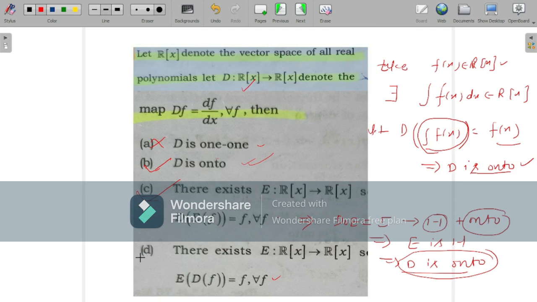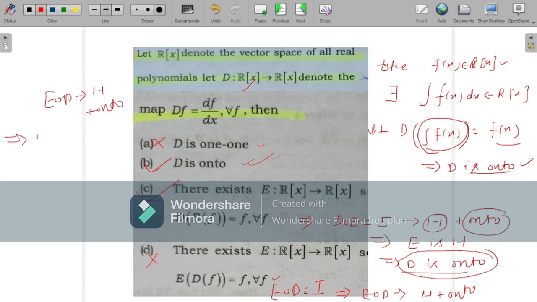But see, the fourth option D is not correct. If there exists a linear map E from R of x to R of x such that E composition D is identity, this implies that E composition D is 1-1 plus onto.